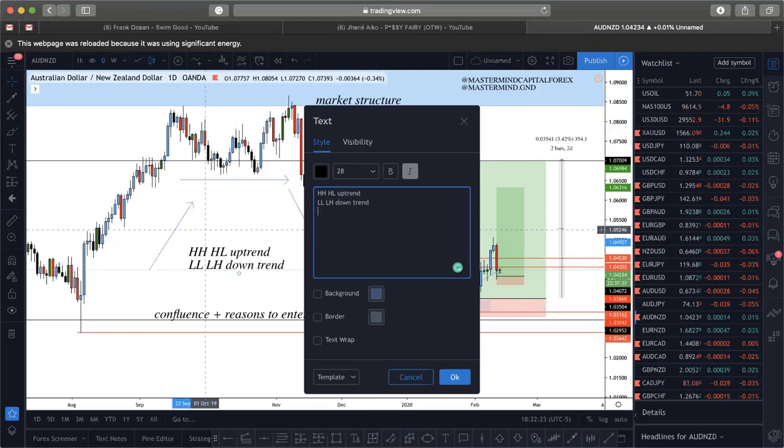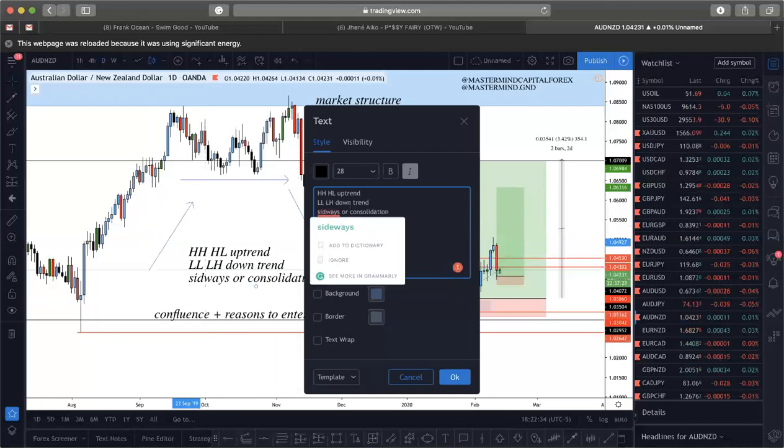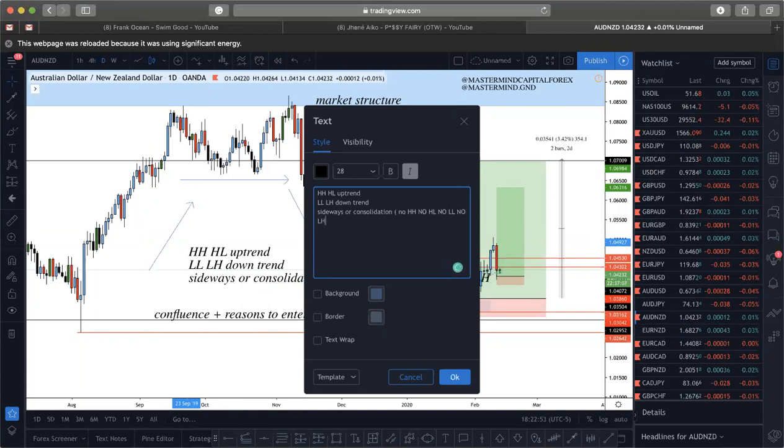And then the sideways trend is made out of no higher highs, no higher lows, no lower lows, and no lower highs, right?